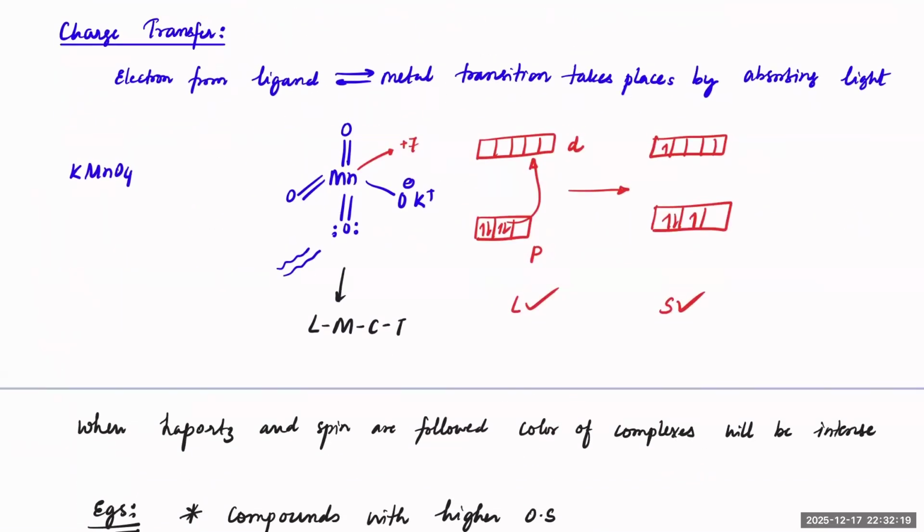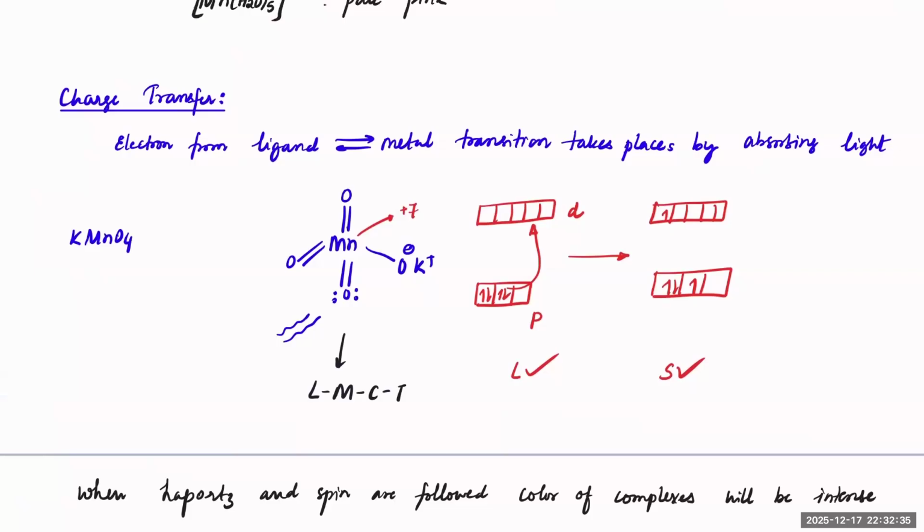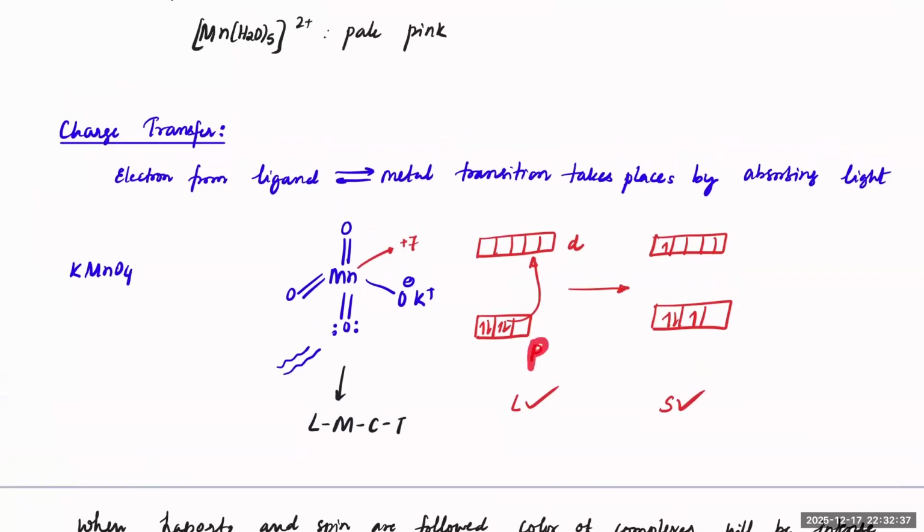When it comes to charge transfer phenomena, it is a case where electrons from the ligand are moving towards the metal by absorbing energy. Let's say this is the ligand which has some electrons in it, and manganese has an empty d orbital.